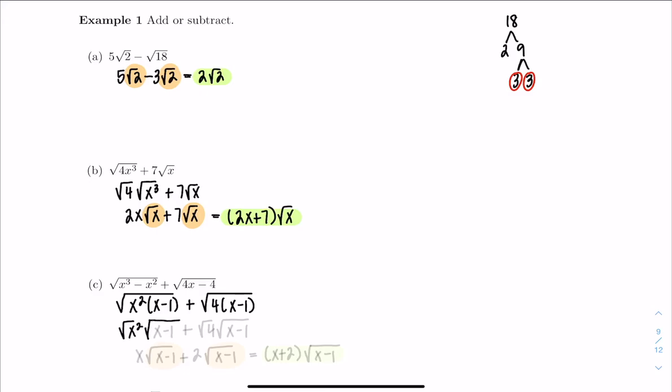So that's the square root of x squared times the square root of x minus 1 plus the square root of 4 times the square root of x minus 1. And so this gives us x square root of x minus 1 plus 2 square root of x minus 1. We have the same radicals, which means we can combine the piece out front. And we get x plus 2 times the square root of x minus 1.